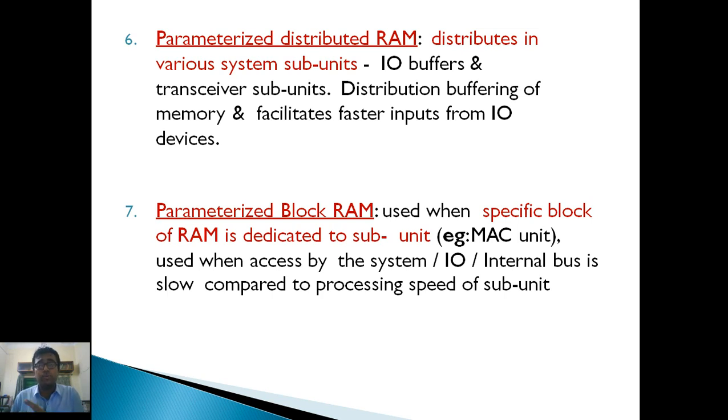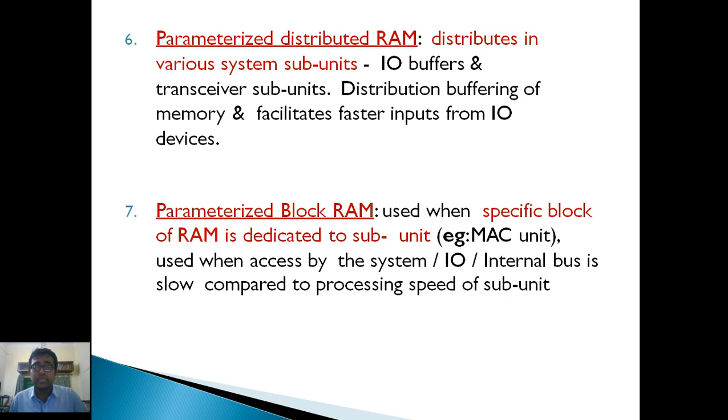It distributes the buffering of memory and facilitates faster inputs from input output devices. For input output buffers, input output devices, and different structural units and peripherals of an embedded system, we use parameterized distributed RAM to speed them up. Seventh is parameterized block RAM, used when a specific block of RAM is dedicated to a subunit, such as a MAC unit.